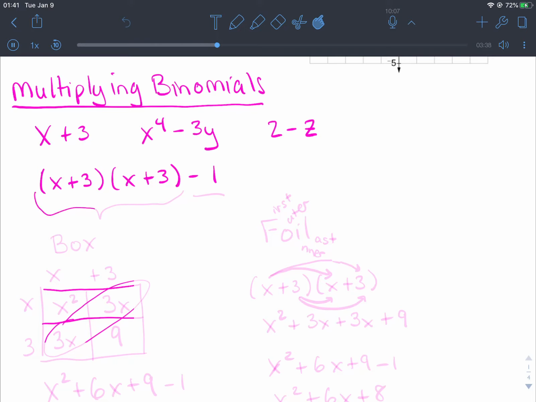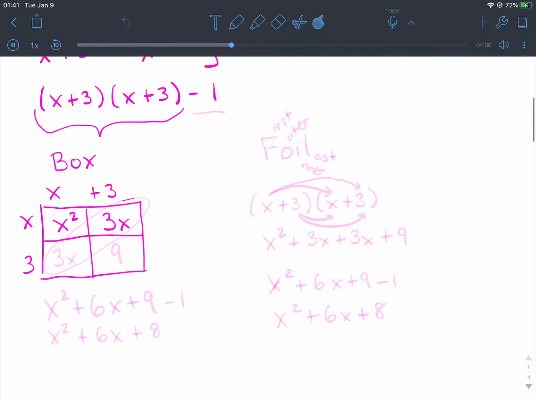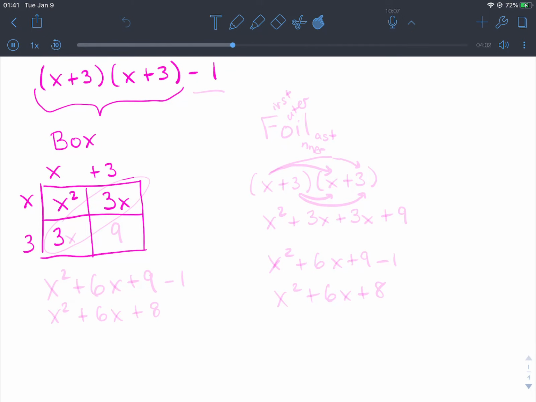So we take this and we do something known as the box method, where we literally create a box. And we multiply. X times x is x squared. X times 3 is 3x. X times 3 again is 3x, and 3 times 3 is 9.